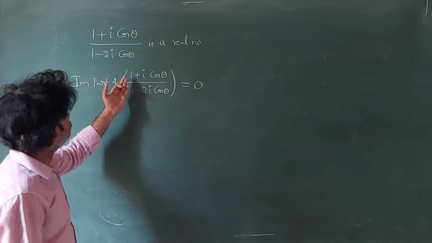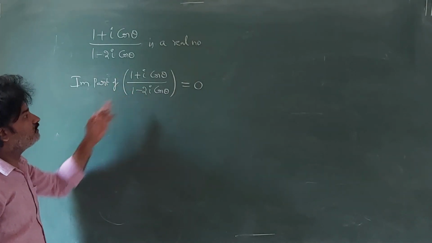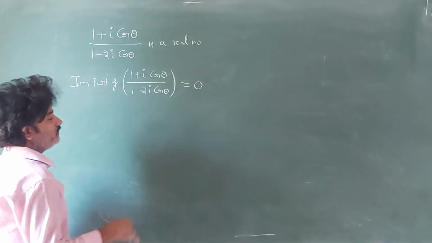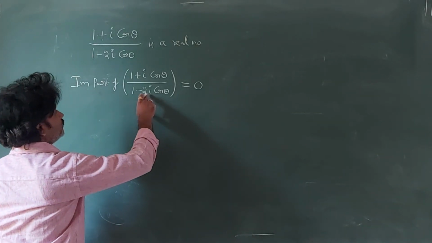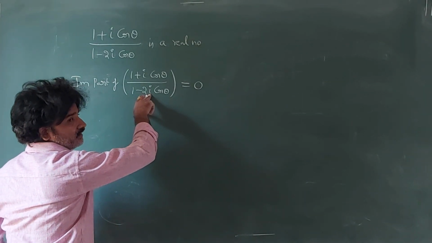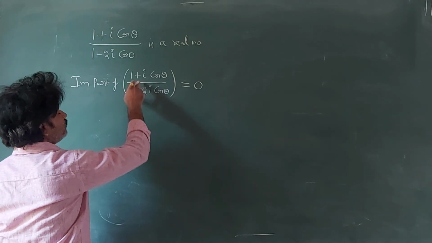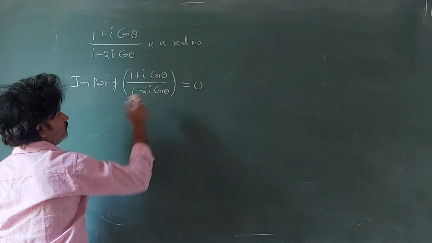Right? Now by seeing, can you tell directly its imaginary part? Wrong. Number of times I said, we never leave i in the denominator. If it is like this, we cannot tell its imaginary part by seeing.